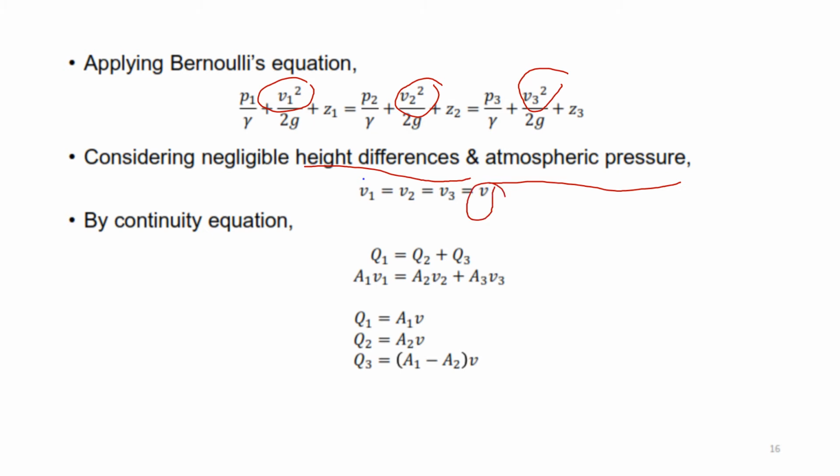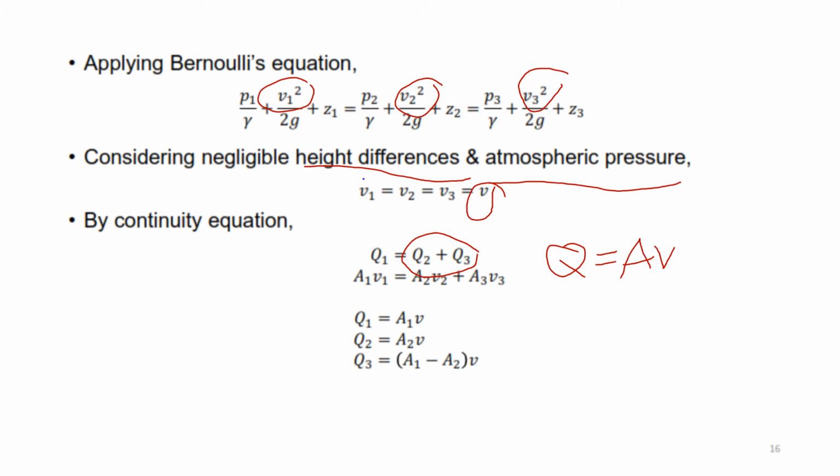And then we have the continuity equation. We also have 3 flow rates, which is Q1 equals Q2 plus Q3. Okay, and then we need to substitute the formula Q equals AV. So we have AV1 equals AV2 plus AV3.